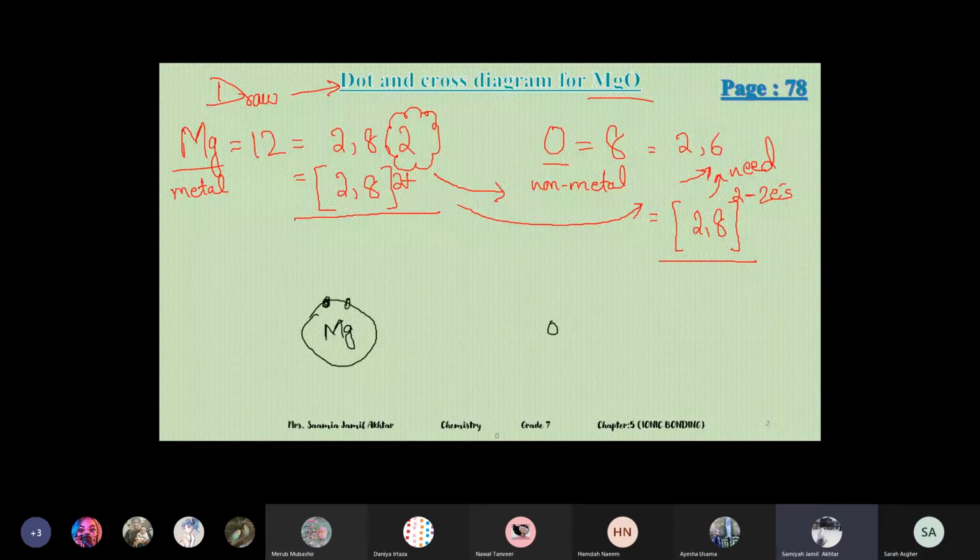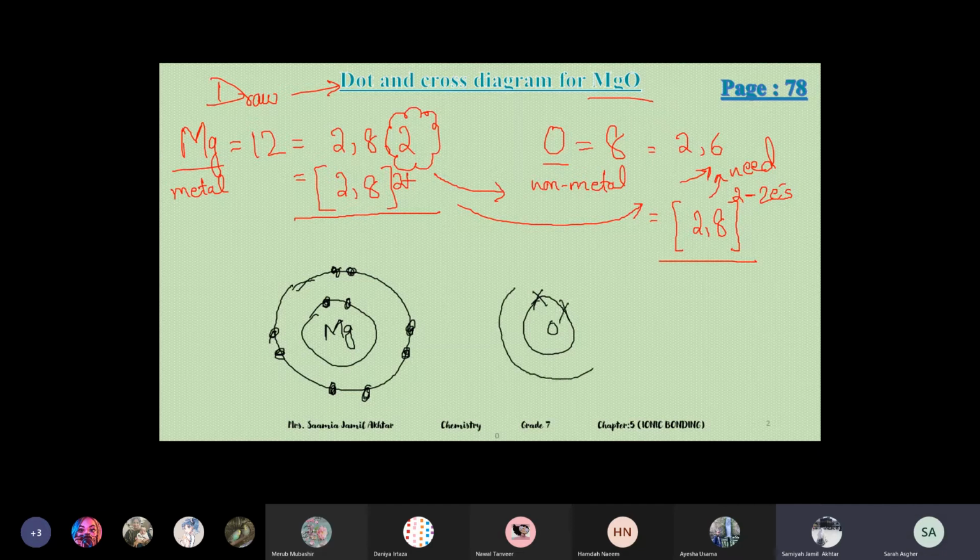Magnesium, 2 electrons, and in the second shell there will be 8: 1, 2, 3, 4, 5, 6, 7, 8. For the oxygen, in the first shell 2 electrons.